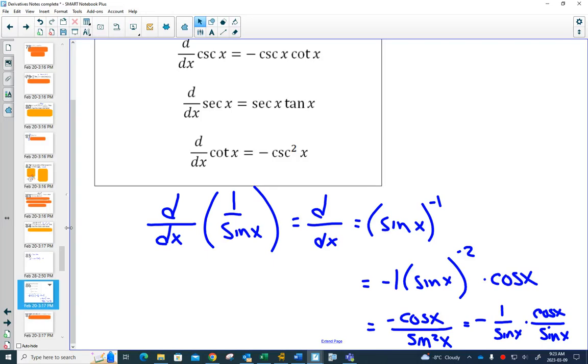And same thing with cotangent x, you could change it to tan to the negative 1 and deal with that. But if you wanted actual formulas for these, this is what it would look like. Something that I find interesting with the derivatives is, do you remember these identities?